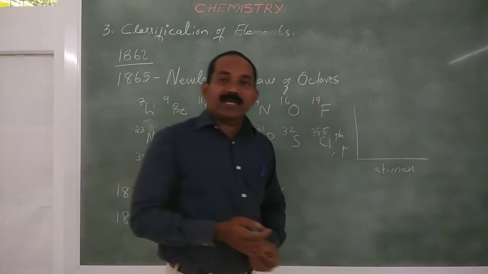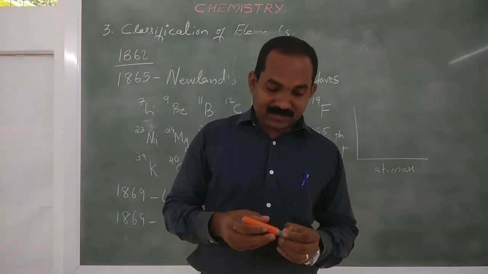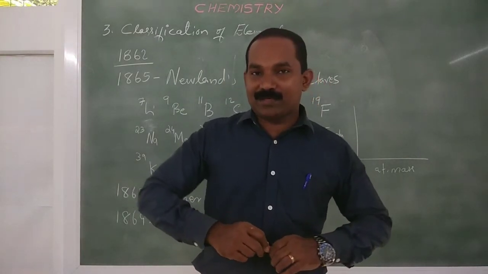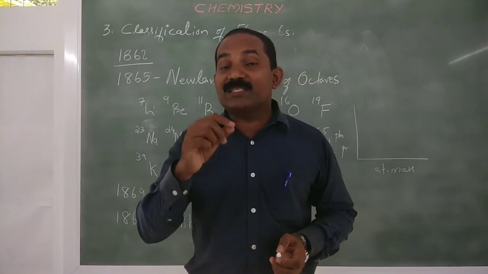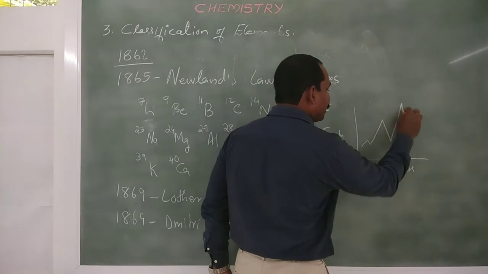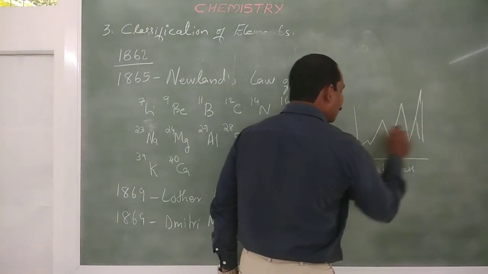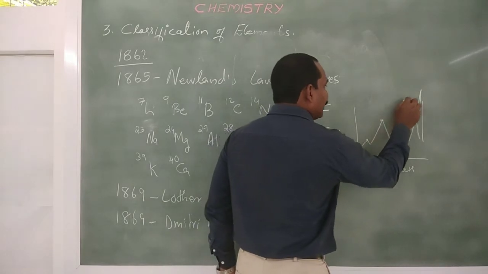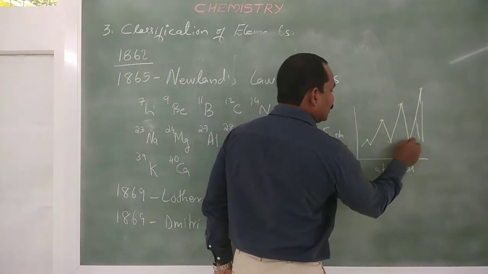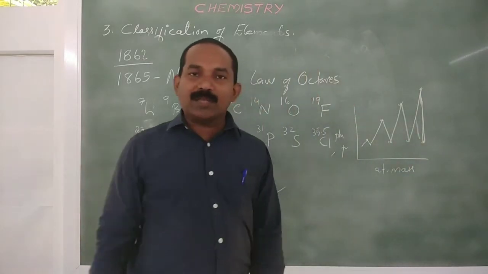Lothar Meyer plotted a graph between physical property versus atomic mass, and he concluded that elements with similar properties come in similar positions. He plotted atomic volume against atomic masses. You don't need to study this, I just draw it.